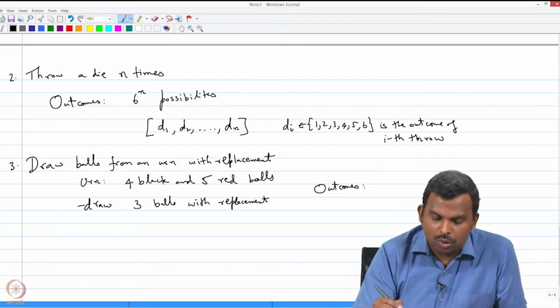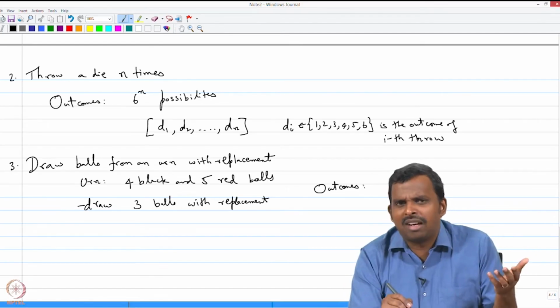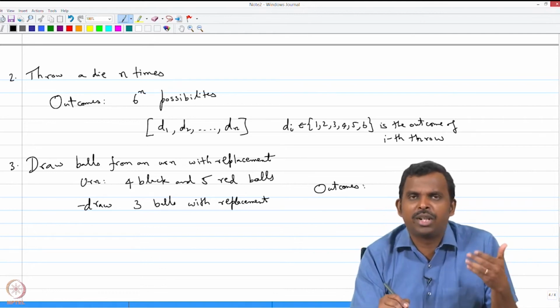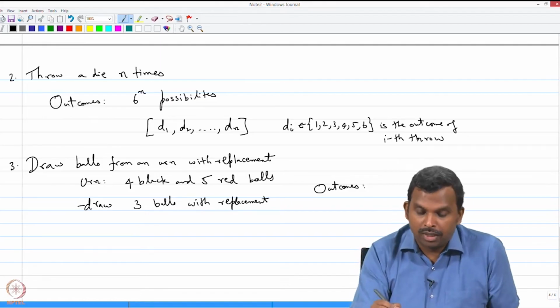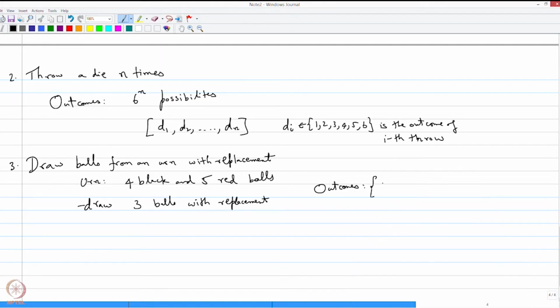In fact, you can keep on repeating it. If you have n different draws, again in every draw you will have black and red, because you are doing it with replacement. So the outcomes are going to be black, black, black, black, black, red. There are 8 outcomes.